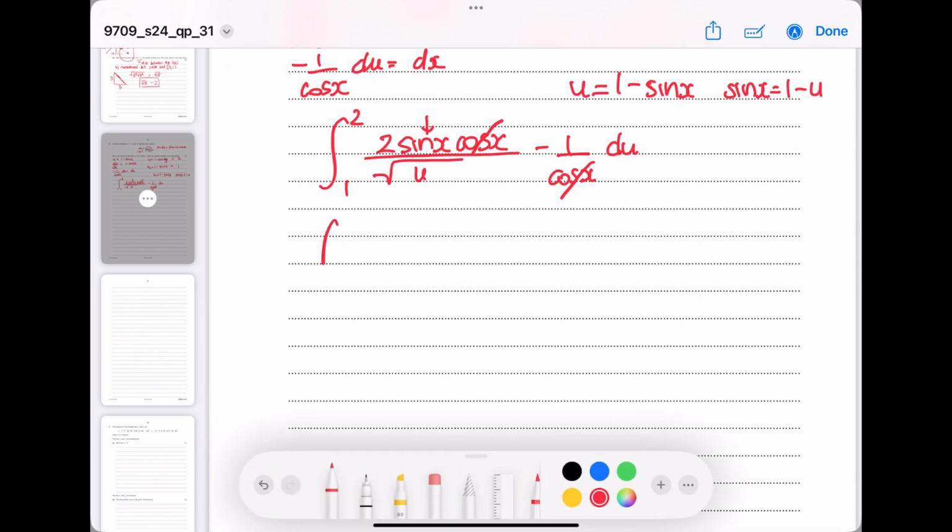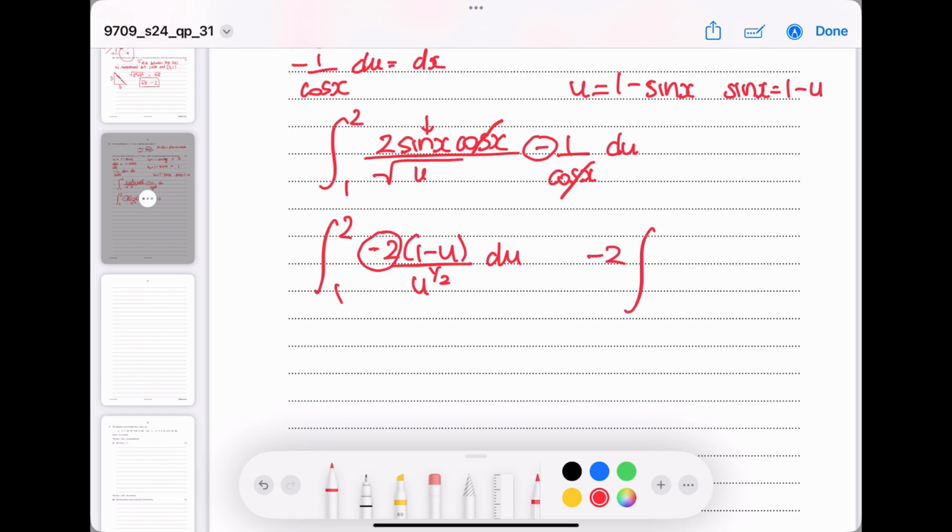Right, so now I can replace everything. So I've got 2 lots of 1 minus u over, and I'm going to write this as -2, because of this negative here. And that's u to the half du. At this point, we could always bring the -2 to the front, so let's do that.